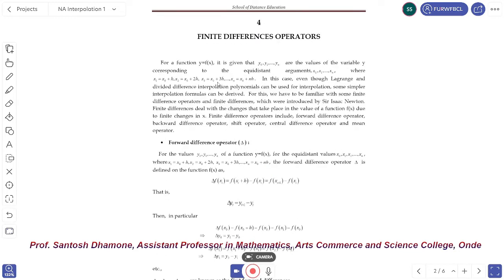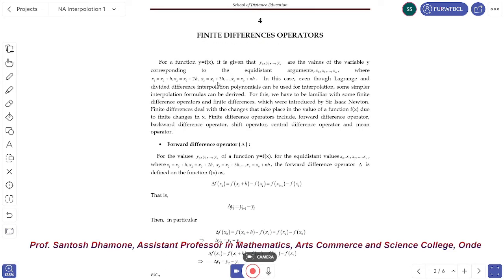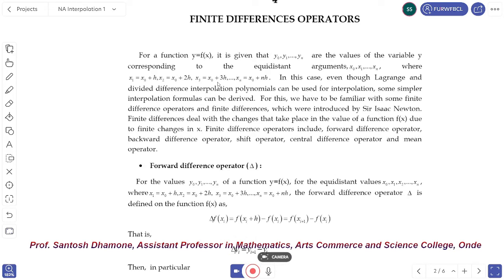In between x0, x1 and x1, x2, there is the same distance, where x1 is equal to x0 plus h, x2 is equal to x0 plus 2h, x3 is equal to x0 plus 3h, up to so on, xn is equal to x0 plus nh.